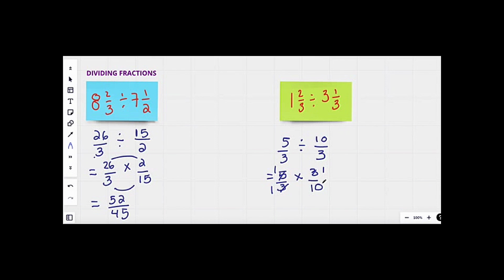The 5 goes into 10 two times. So we can rewrite our fraction, and it would be 1 over 1 times 1 over 2. When we multiply now the top times the top and the bottom times the bottom, we get 1 times 1 is 1, 1 times 2 is 2, which is 1/2, and we're done.